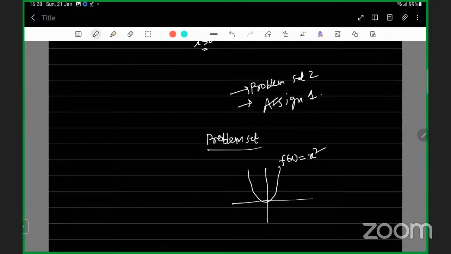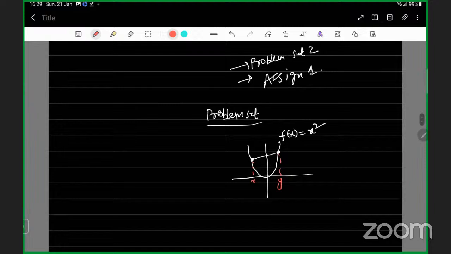This is a convex function in the sense that if you take any two points on this, let's say you take a point x and point y, and you connect these two points by a line, then the line will always be greater than or equal to the function value.